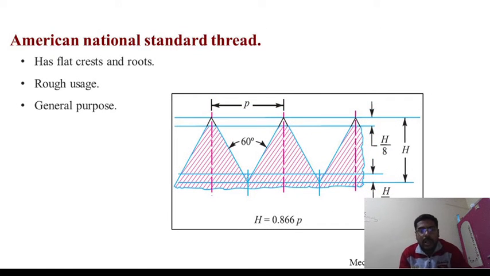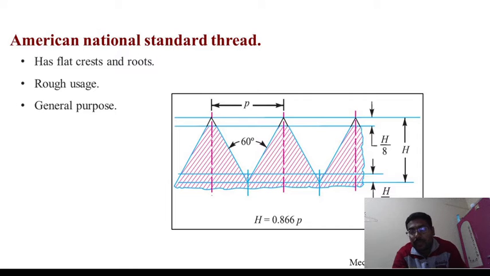So next one is American National Standard threads. It is also one of the types of national standard thread. It has a flat crest and roots and is for rough, general purpose usage. See, the angle is 60 degrees. So this is the angle.